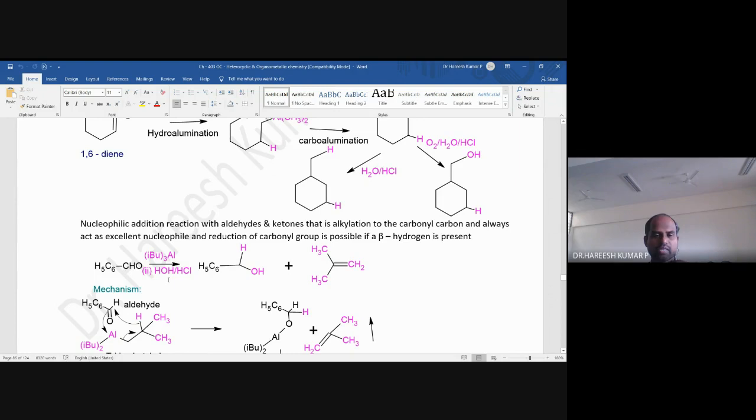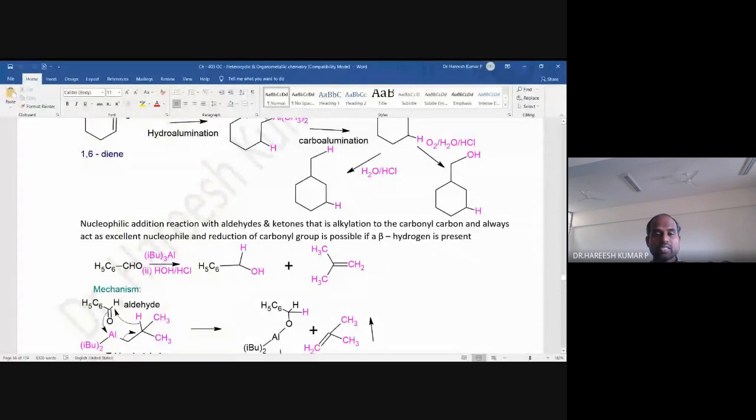For that purpose, hydrolysis means water in presence of H plus, otherwise hydronium ion, H3O plus. So this is an example of nucleophilic substitution reaction. It's not substitution, it's an addition reaction, nucleophilic addition reaction.